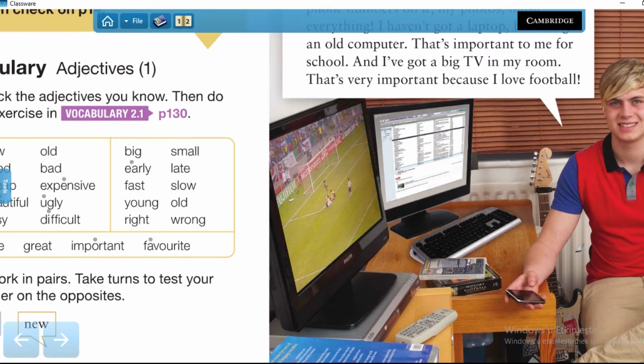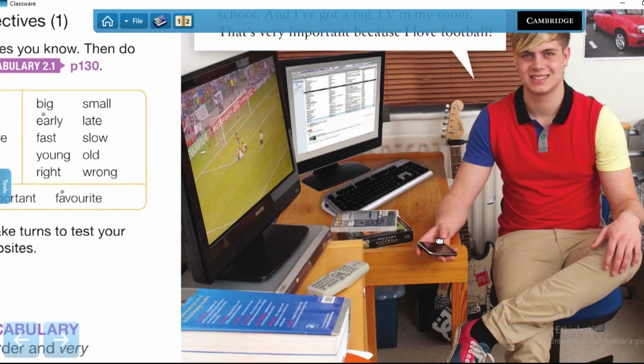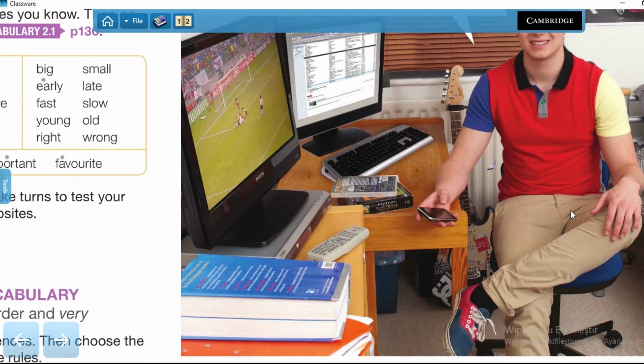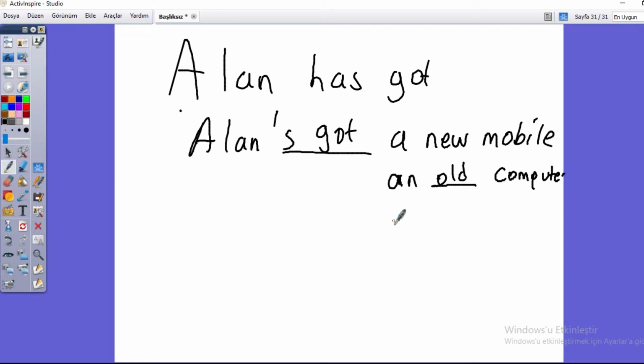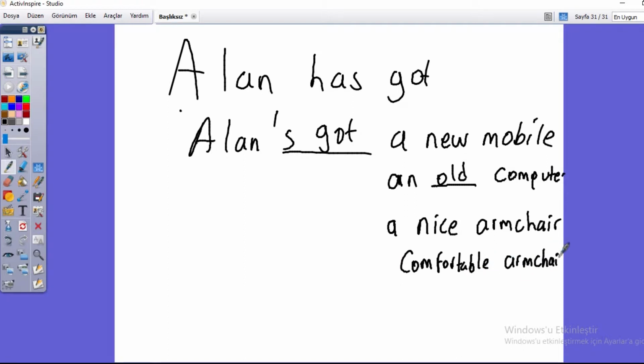And Alan's got, this one is a sofa, or sorry, it's an armchair. So Alan's got a nice chair, or we can say comfortable armchair. Armchair is for one person. Only one person can sit on it.